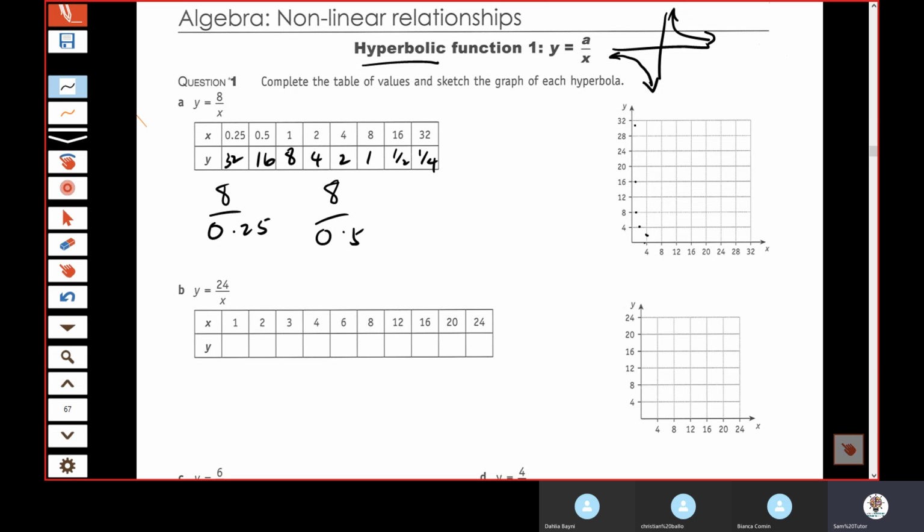At even closer, it's 8, then 4 at x is 2. They didn't give me much room here, but it doesn't matter. And then at x is 8, y is 1. At 16, it's smaller, and at 32, it's even smaller.